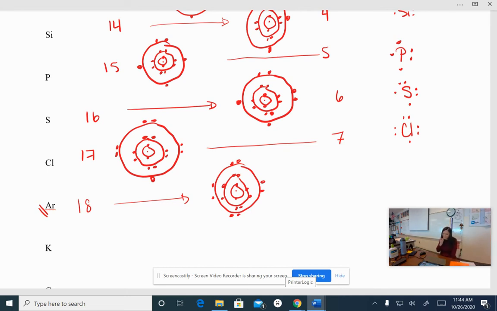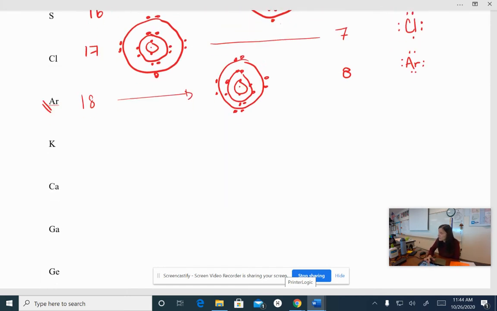So 2 plus 8 plus 8 equals 18. That gives us 8 on our valence shell. So for argon's dot picture, we will have 8. All right, let's do some more.